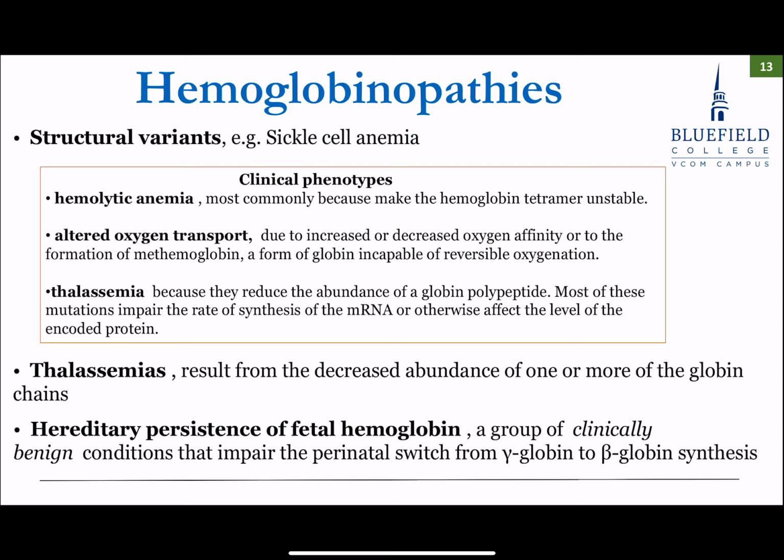Sometimes there might be a change in protein structure that affects its stability and so on, which is translated into the altered abundance of the protein. So again, structural changes are not independent of expression changes or the expression consequences. And that's why thalassemias show up in both places here.